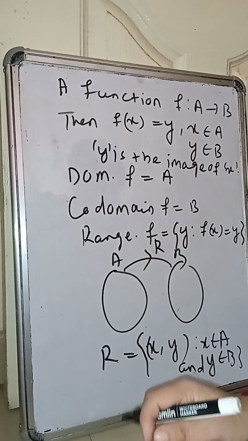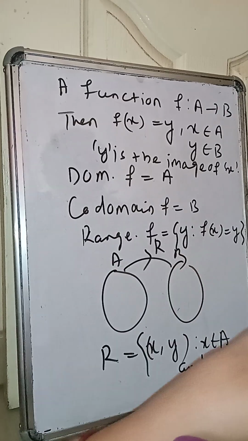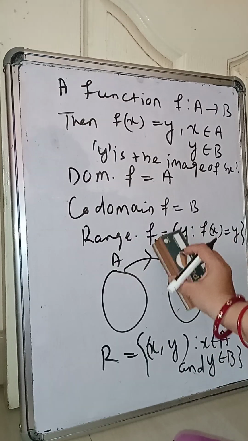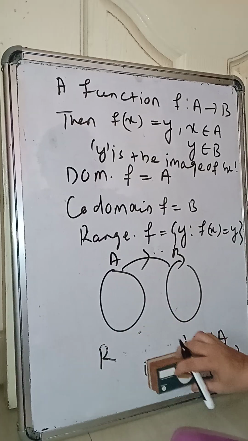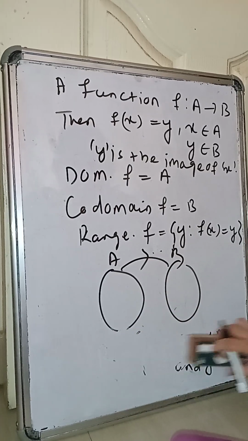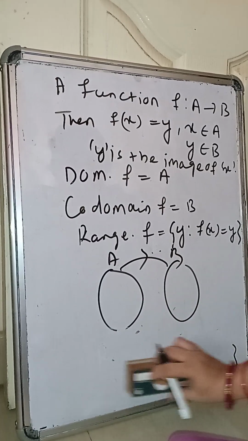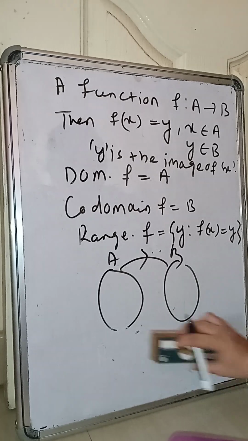But in the case of a function, a function is a relation, and one thing you are adding here: each element has an image and each image is unique. Those are the two things you are adding.